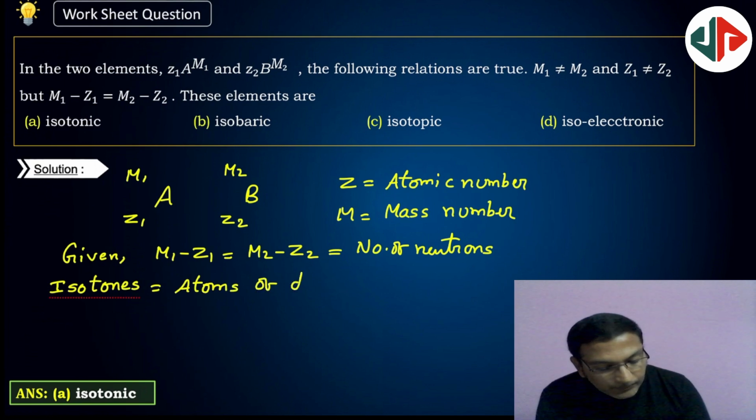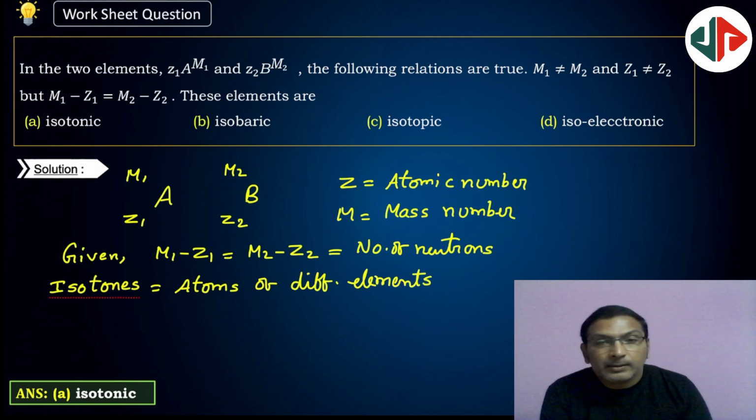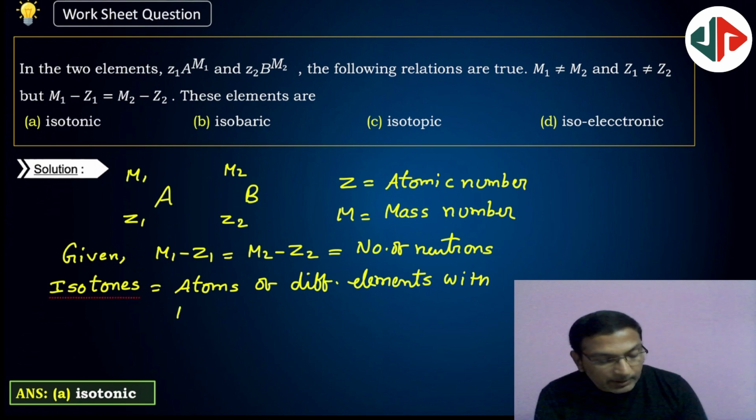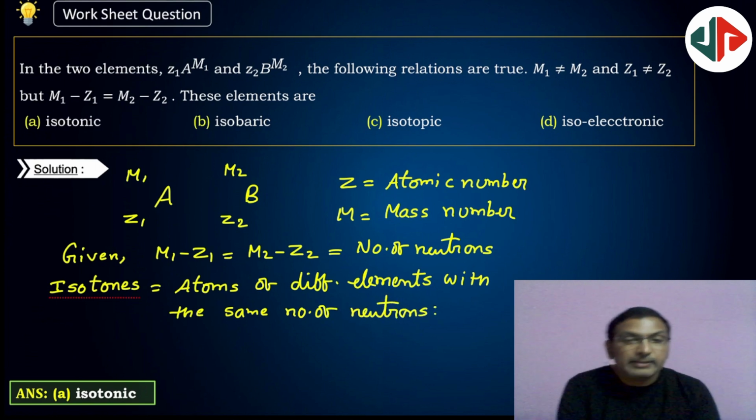Atoms of different elements with the same number of neutrons. Isotones are the atoms of different elements with the same number of neutrons.